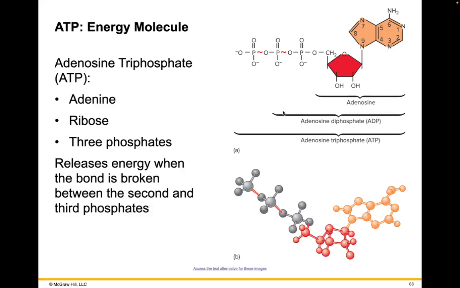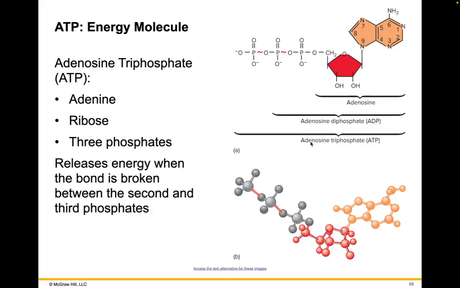I really love this picture because if you take adenine, the ribose sugar, and one phosphate, we call that adenosine. And then add another phosphate, you have 2 phosphates, it's adenosine diphosphate. Add 3 and you have adenosine triphosphate.